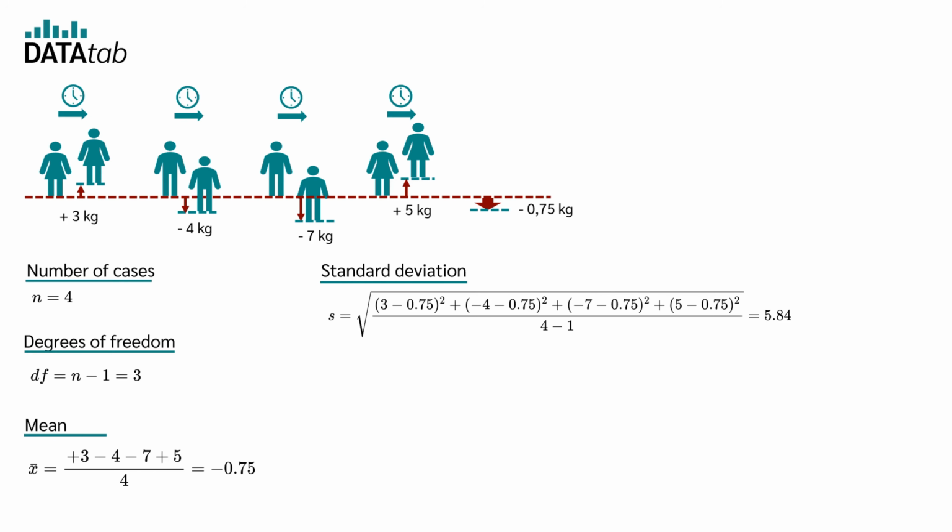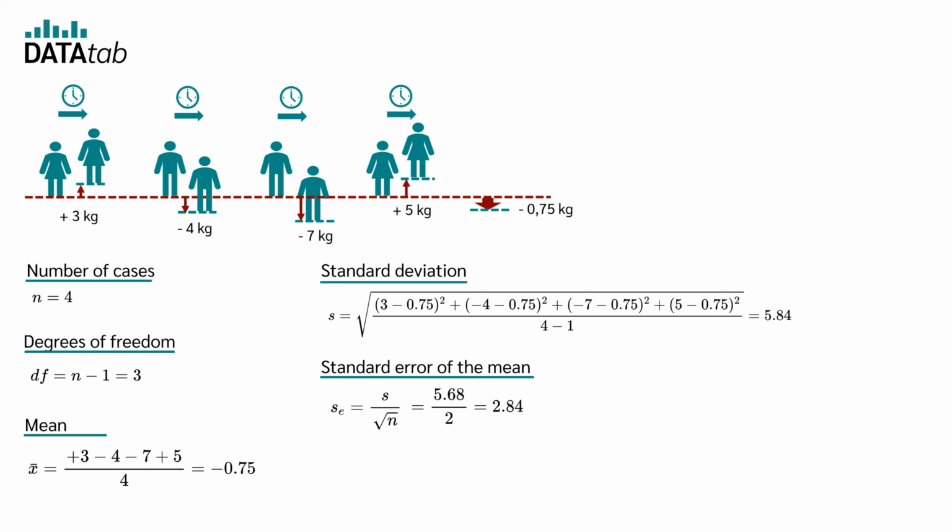By using the standard deviation and the number of cases, we can now calculate the standard error of mean, which is 2.84. The standard error of mean tells us how much the mean would vary if we had taken quite a lot of samples. This means that the larger this value is, the more likely a large weight gain or loss will occur by chance, because there is simply a large variation in the mean.